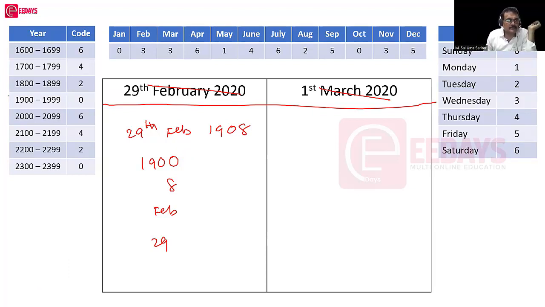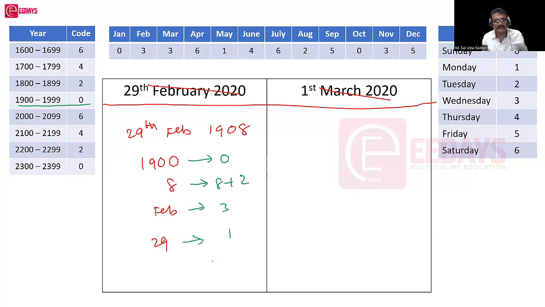Here 1900 to 1999, that is equal to 0. 8 plus how many leap years are there? That is equal to 2. What is the code for February? That is 3. And this is equal to 1. Here 8 plus 2, 10. If you divide 10 by 7, what is the remainder? Remainder is equal to 3.